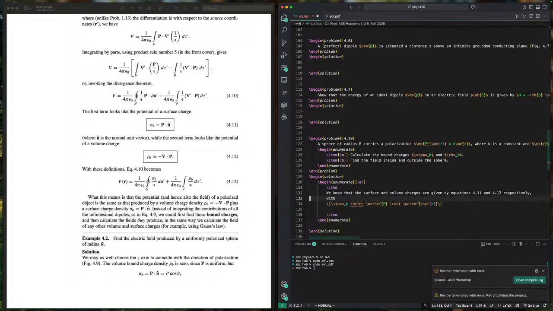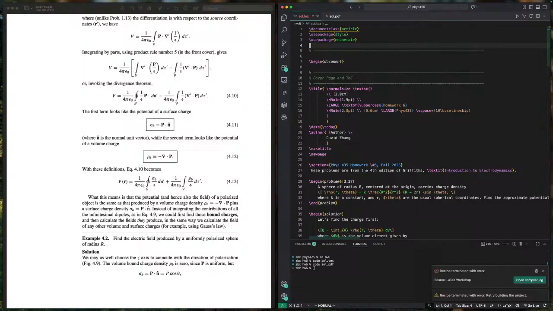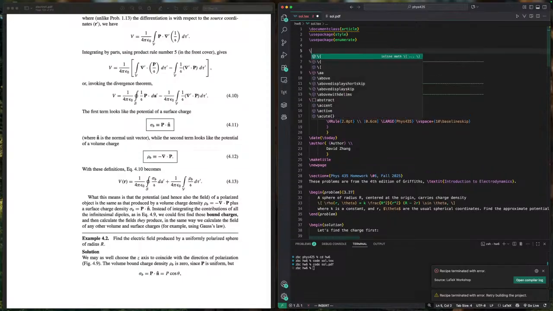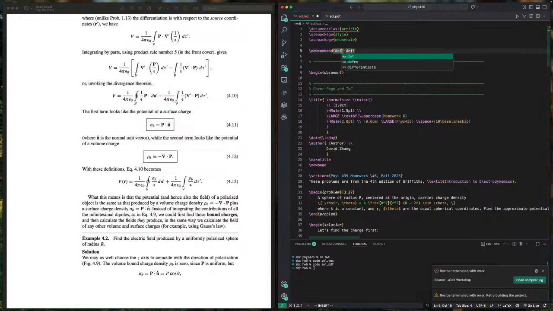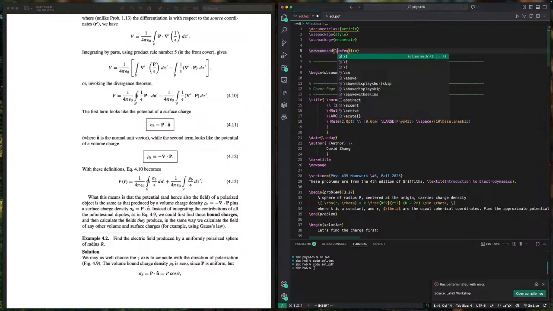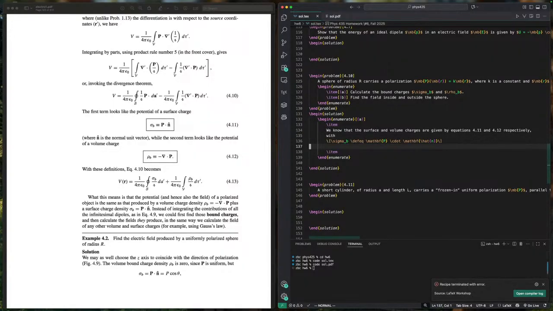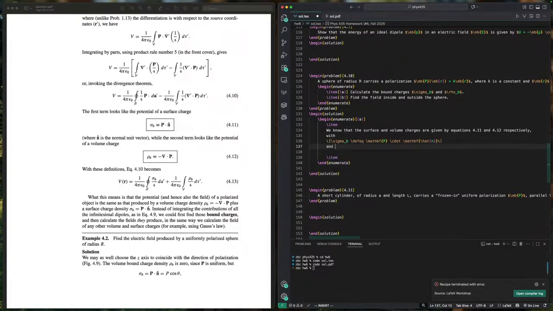Oh, okay. Defined as the negative gradient.